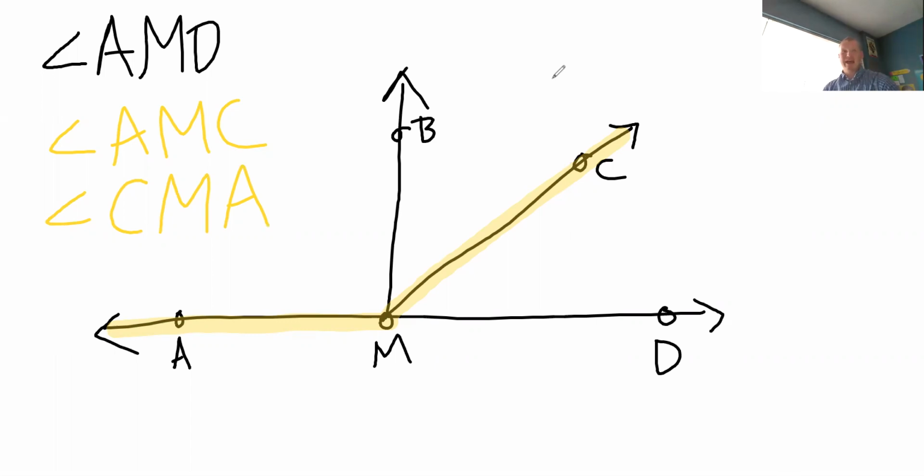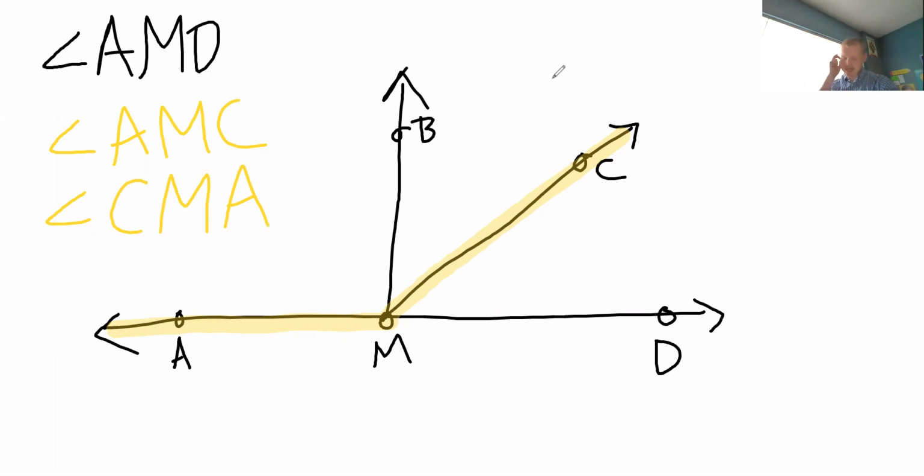So CM to A. As long as your M is in the middle, because that is the middle letter, then that is how you can write it. You can write AMC or CMA. You guys feel good about that so far?